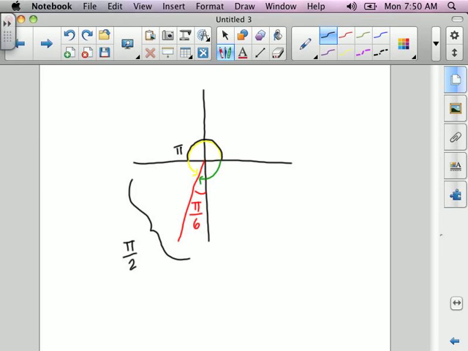Now, I want to make a common denominator here because I think it'll be easier to see what's going on. If that's pi over 2 from here to here, pi over 2 is the same thing as 3 pi over 6. So this whole quadrant from there to there is 3 pi over 6. If I used a pi over 6 of that, I'm going to have 2 pi over 6 left over. So I'm going to erase my extra stuff right here.